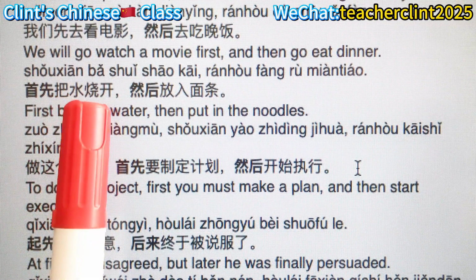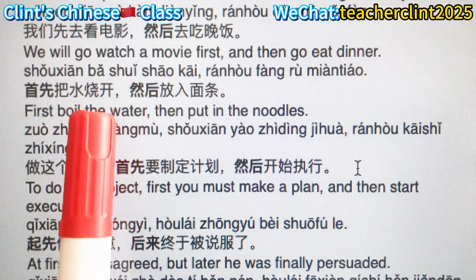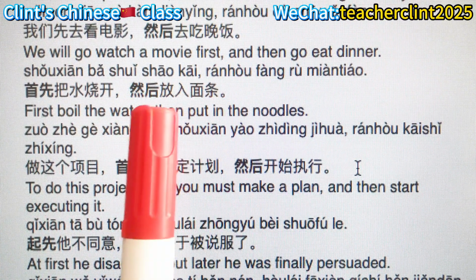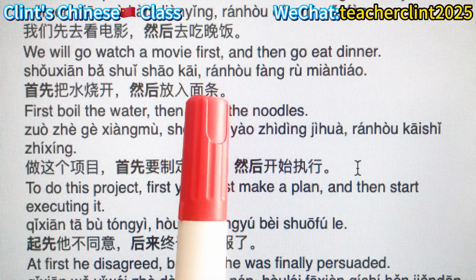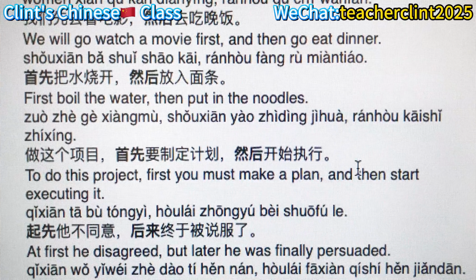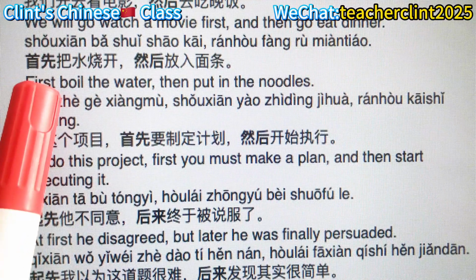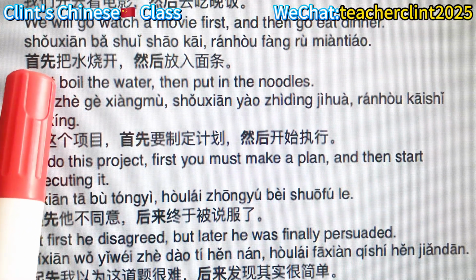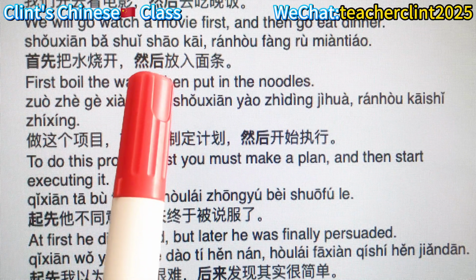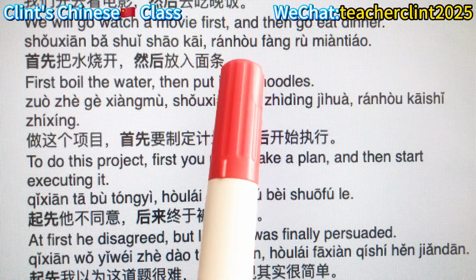So 把水 take the water 烧开 boil it to 100 degrees Celsius, right? 烧开然后 and then 放入面条 放入 put in 面条 noodles. All right. So this sentence showed the two actions. So again, we use this coordinating conjunction 首先然后 first do something and then do something to connect the two sentences to form this compound sentence.